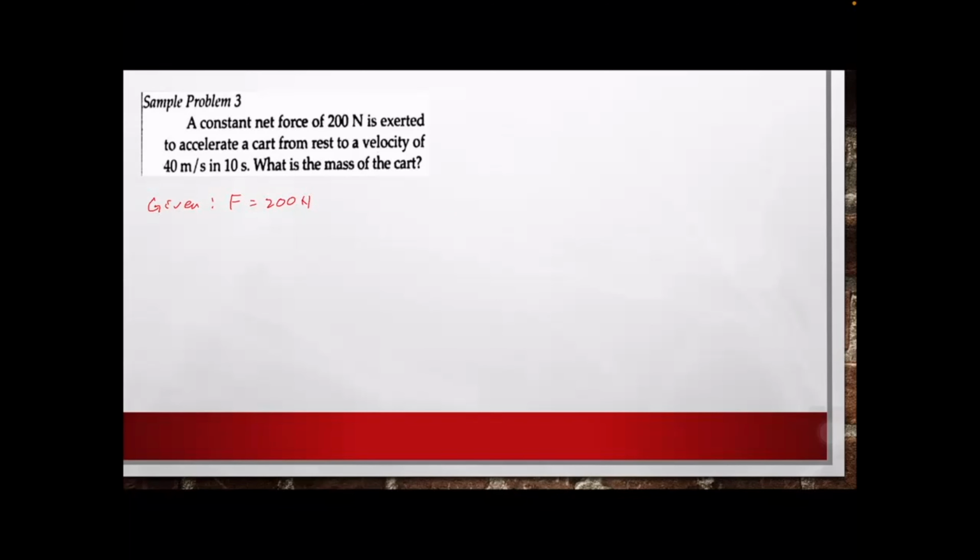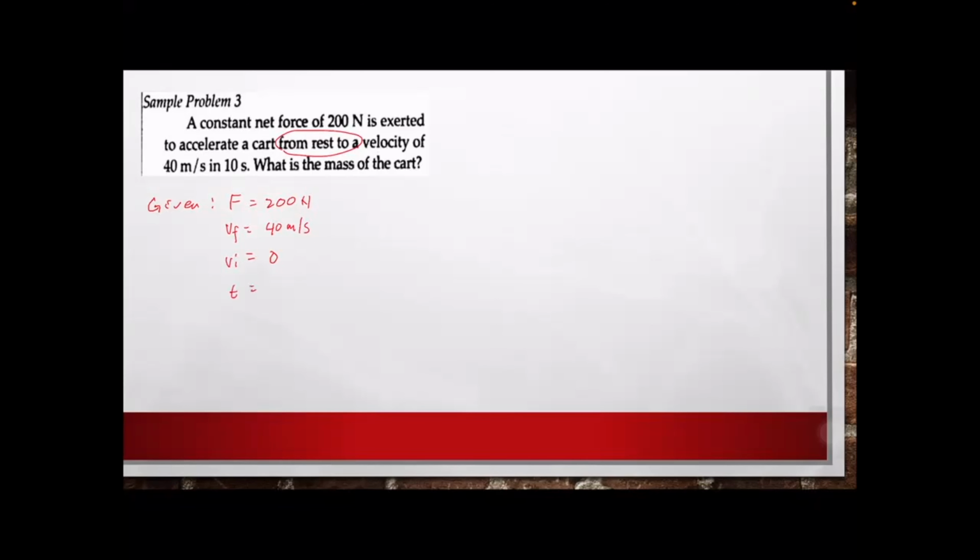That's final. So this is VF, 40 meter per second. What is VI? 0 po. Bakit siya naging 0? Kasi from rest. Rest is walang mangyayari. That's why this is 0. Now, what's another given? The time is 10 seconds.